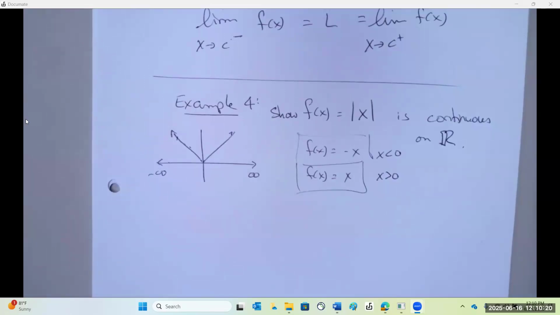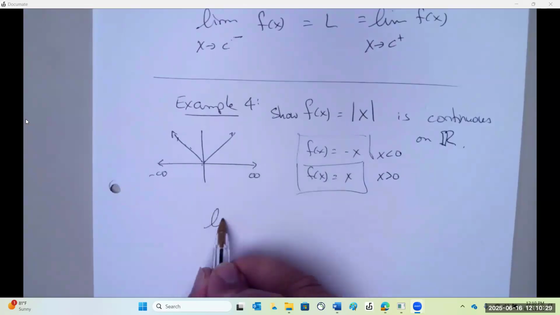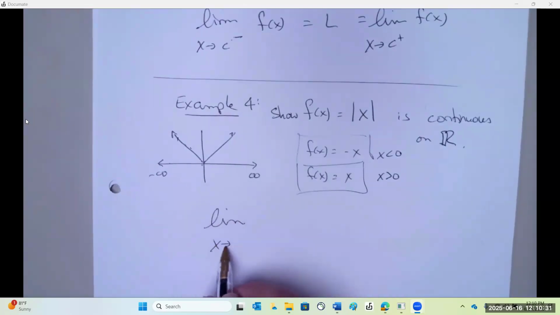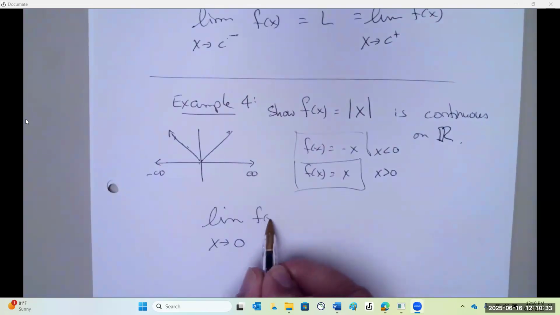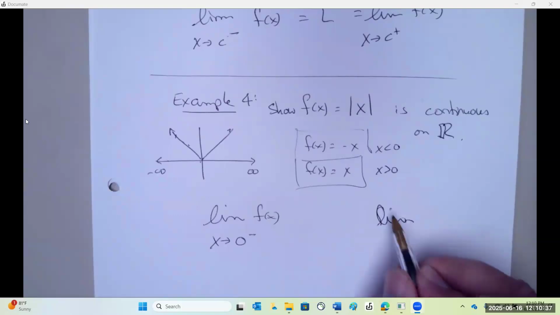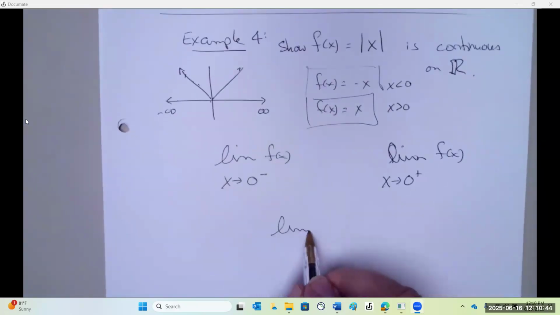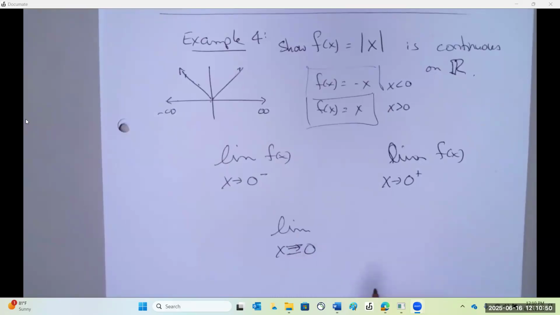What we look at is what happens specifically at the critical points. In other words, what happens when x approaches 0 from the left, what happens when x approaches 0 from the right, and then what happens when x becomes 0.